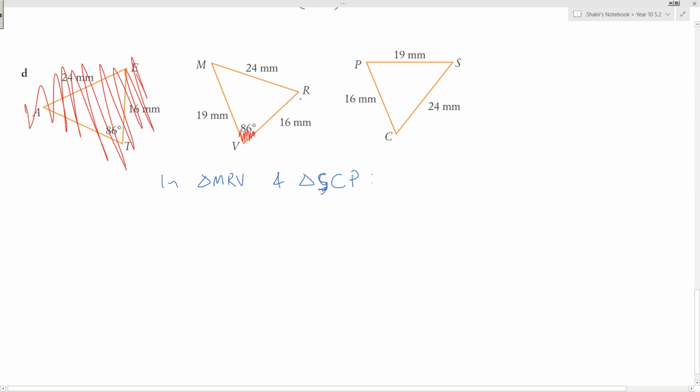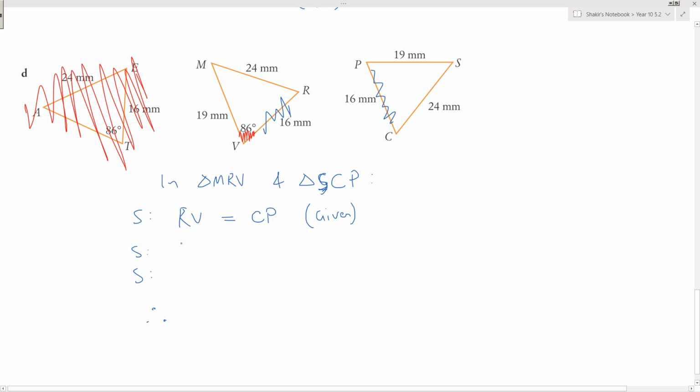And let's do the 16 one first. RV is equal to CP, because it's given. And look, you can write S over here, S over there, S over there, and then we'll do our conclusion at the end. Anyway, RV, so we've done the 16 one. Let's do the 19 one.